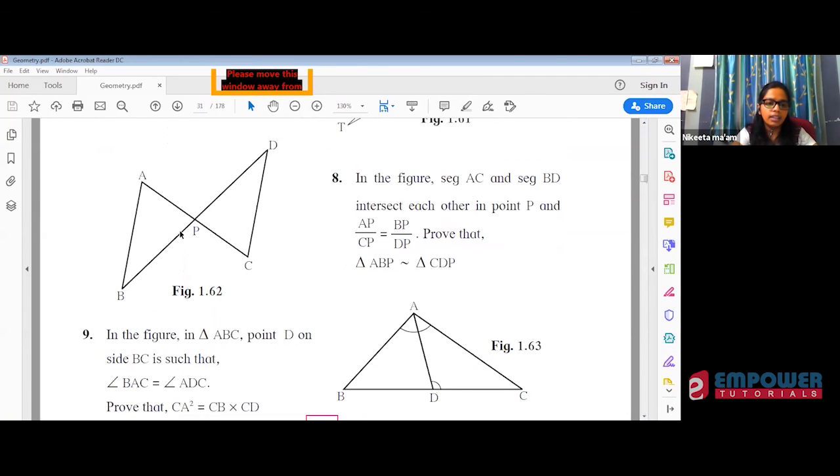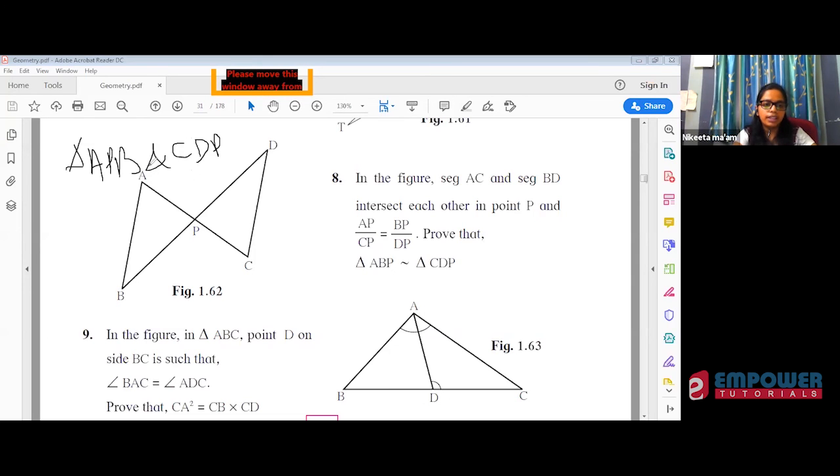Segment AC and BD intersect each other at point P, and AP upon CP is equal to BP upon PD. So this is very easy. What you have to do is take these two triangles: triangle APB and triangle CDP.